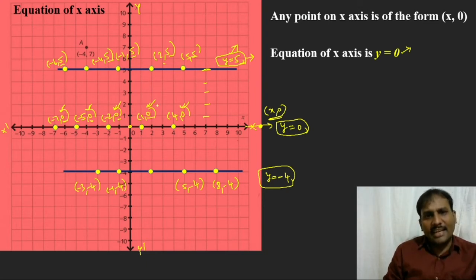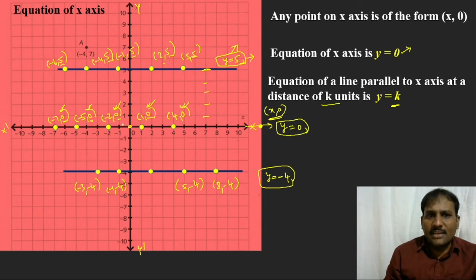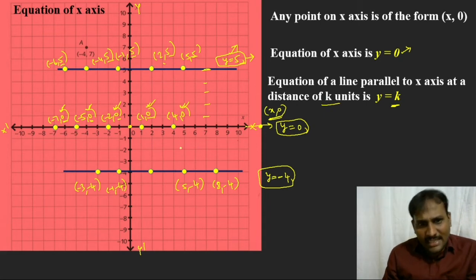So in general, for any line parallel to the x-axis, the equation of that line is y is equal to k, which is at a distance of k units from the x-axis. Suppose a line is parallel to the x-axis and above the x-axis at a distance of 10 units from the x-axis, then what will be its equation?